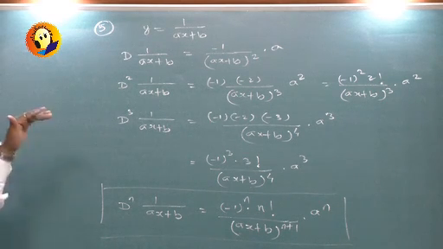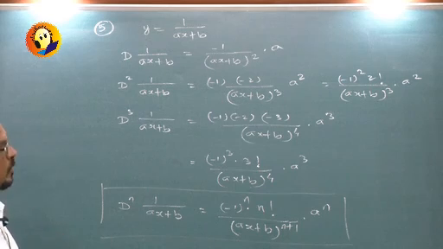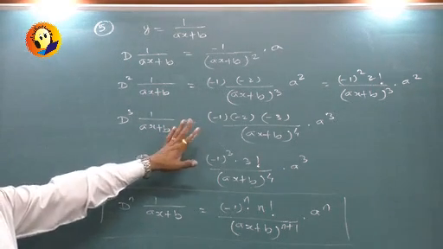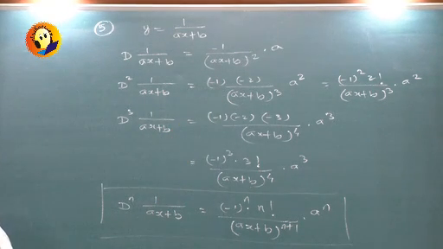So it's the key to generalization. Don't mix up with those signs and all. It will create chaos. Because then it is difficult to write what should be the power of minus 1.